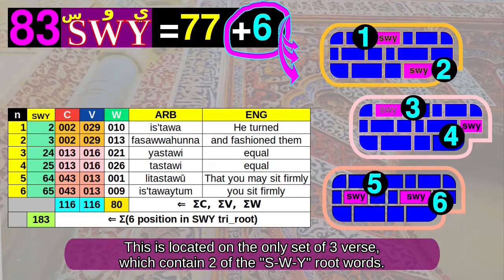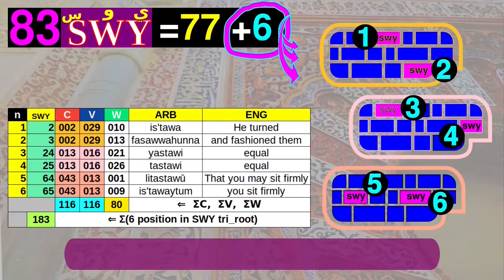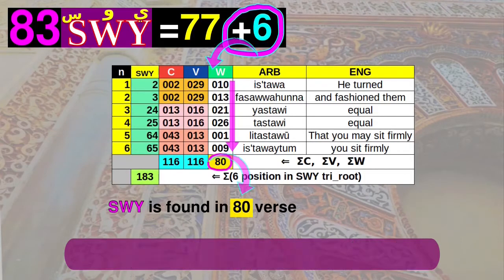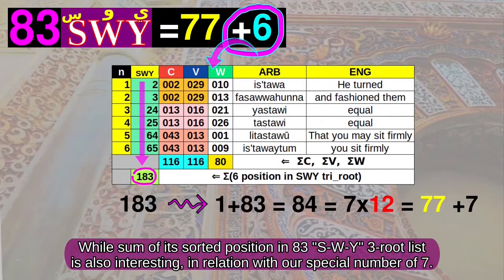This is located on the only set of 3 verses, which contain 2 of the SWY root words, where the sum of word index from this set is equal with the total Quran verses which contain the SWY3 root, while the sum of its sorted position in the 83 SWY3 root list is also interesting, in relation with our special number of 7.